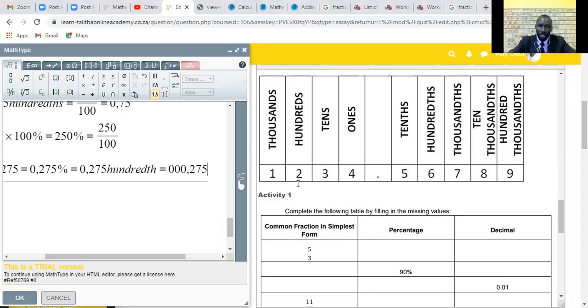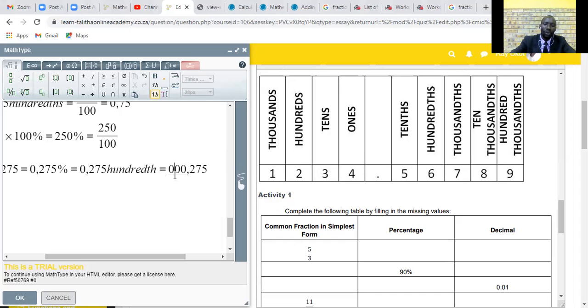The number we are considering a hundredth in this question is 0.275. Notice how we are counting. The first number we are counting is 0, meaning we must start from here. 1, 2 steps onto the left of 0, the number we started counting with.